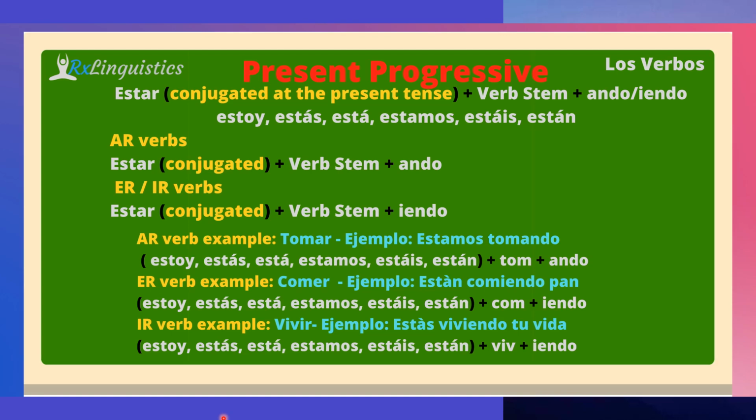Okay, if the verb is the IR verb, the present participle is still going to have the same ending, iendo. Okay, so you have estás viviendo tu vida, you are living your life. Okay, so those are examples of present progressive.